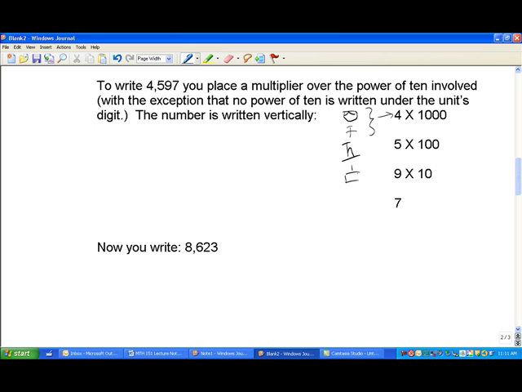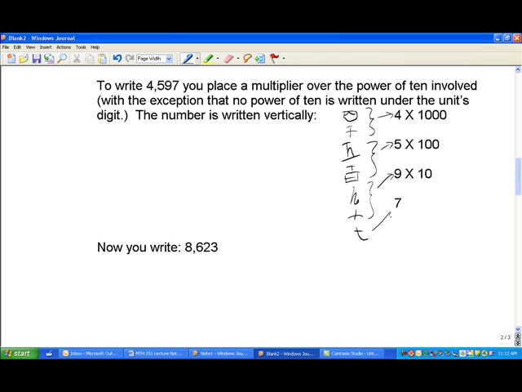So we have 4,000s, 500s, 9 10s, our fancy H there, and there's our symbol for 10. And then notice for the 1s we don't need the multiplier. We just put the symbol for 7.